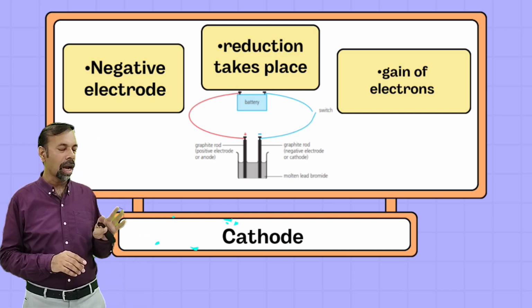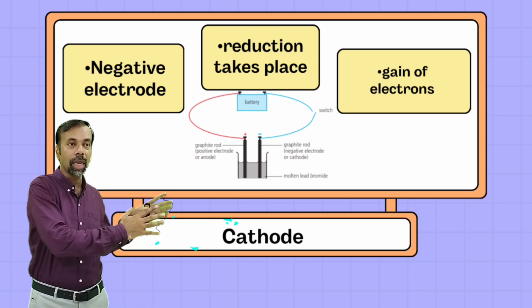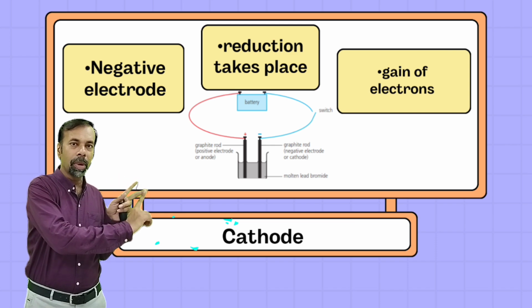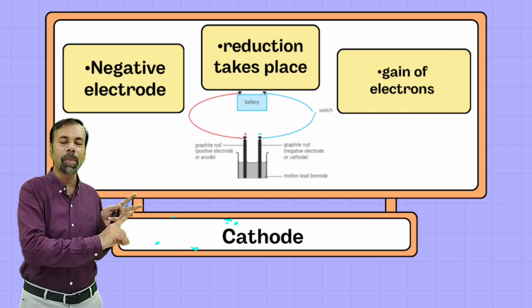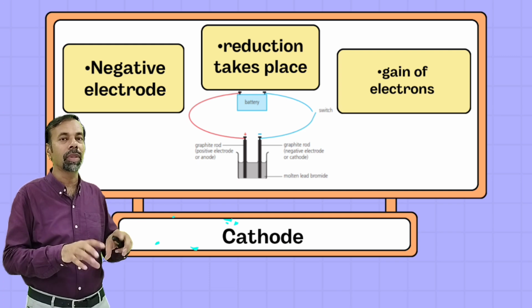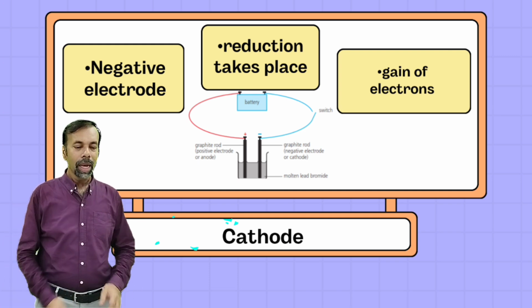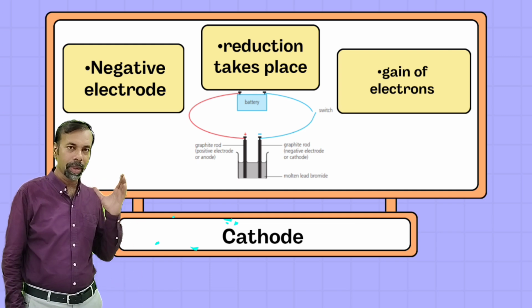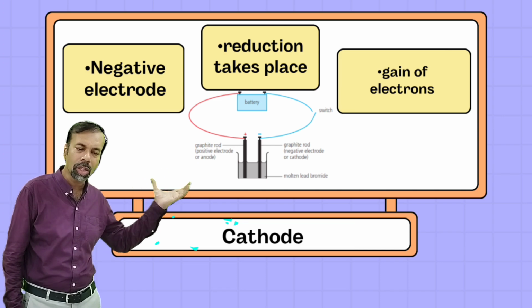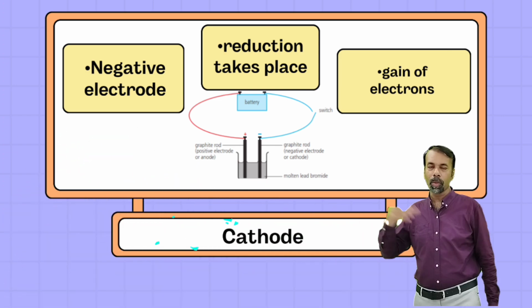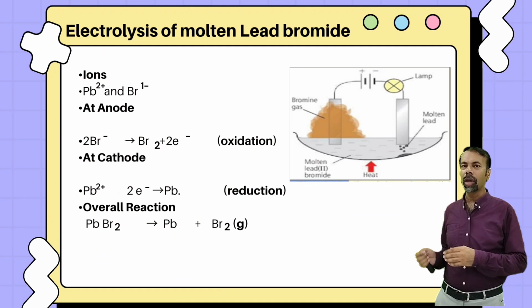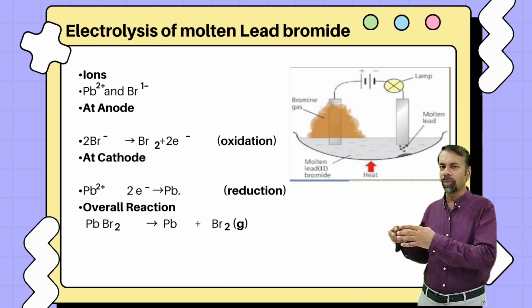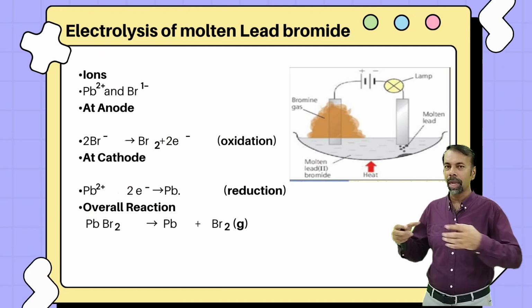Again, we have three components here. Number one, anode. Number two, cathode. And number three, the electrolyte in which the change is taking place. So let's have an example: electrolysis of molten lead bromide. First of all, look at the ions which we will get from lead bromide.